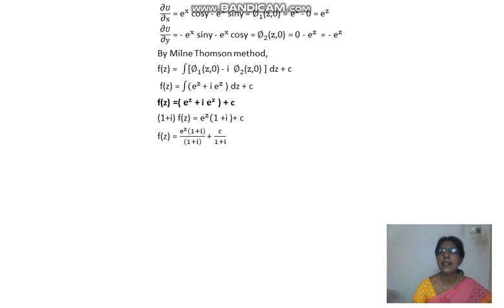After cancelling, the next step is f of z is e power z plus c by some constant. 1 plus i is a constant, there are no x, y and z terms, so c by some constant is again a constant. Now f of z is e power z plus c, which is the required function. Okay ma?